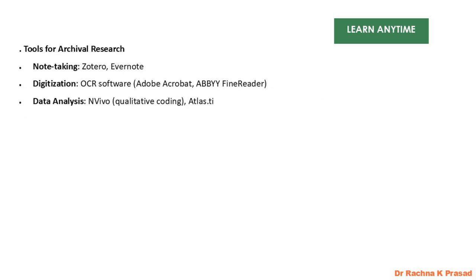Now, how do you do this research? What are the tools? Tools could be note taking, that is Zotero, Evernote; digitization, OCR software, Adobe Acrobat. Then data analysis, where you can do qualitative coding.